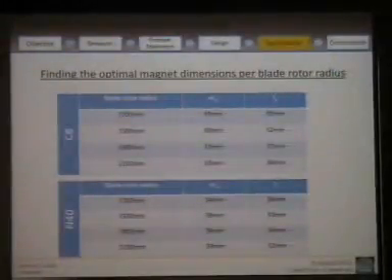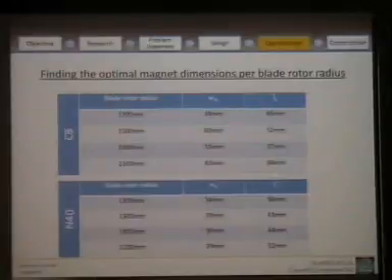Here are the optimal magnets per blade rotor radius and for the 2 different magnetic materials. We can see that for ferrite, the optimal magnets are generally bigger. We need bigger magnets to achieve optimal operation.